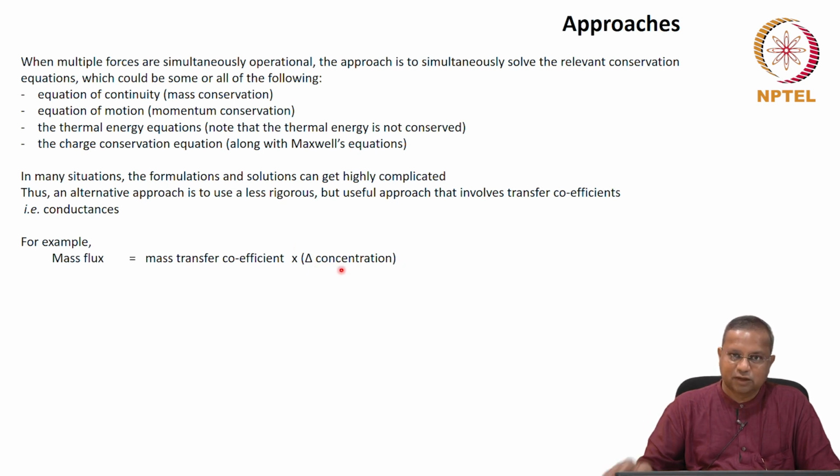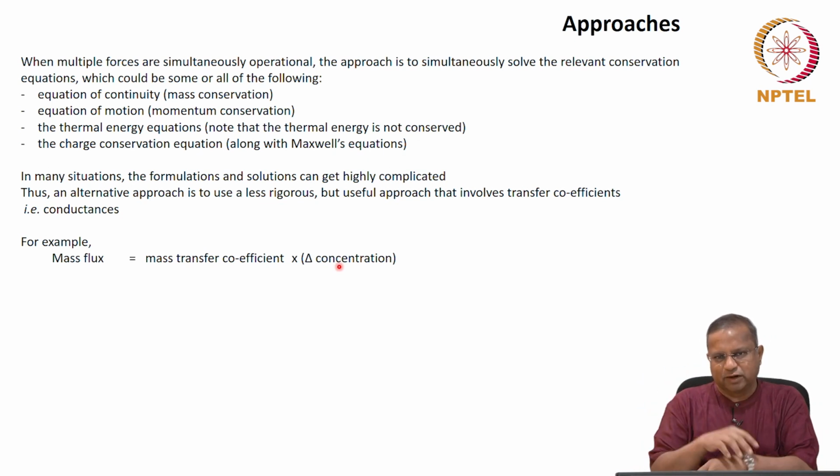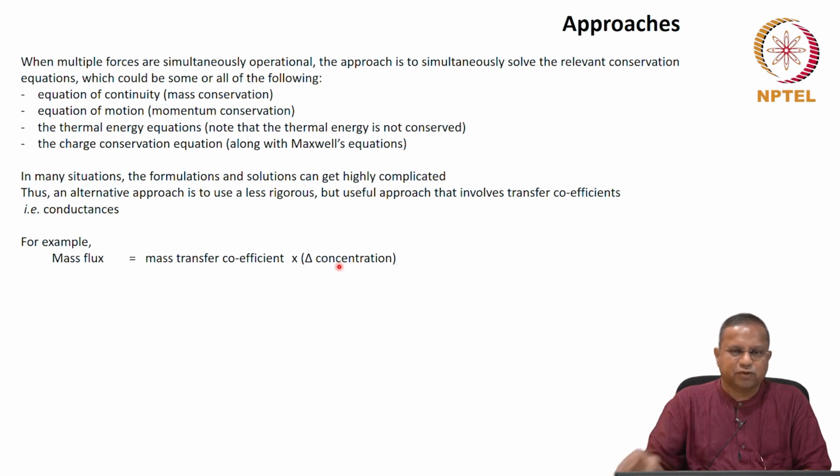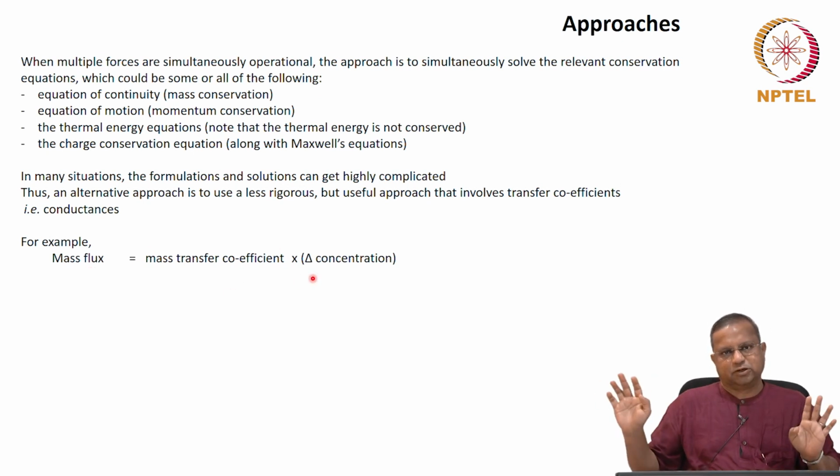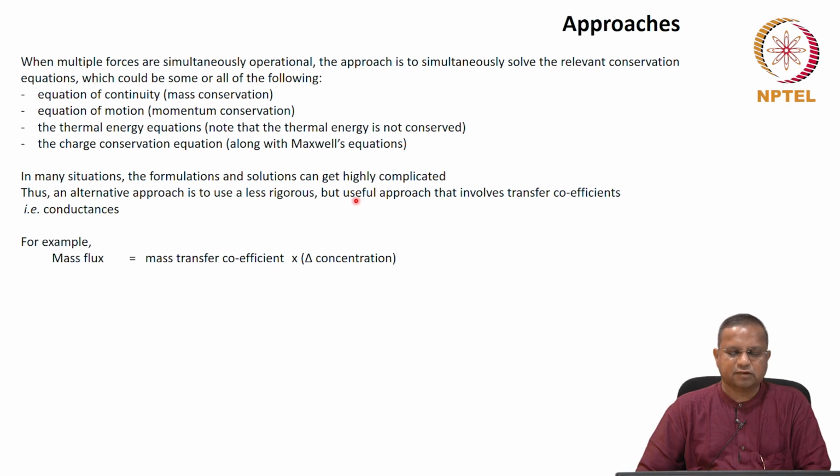This is no longer a gradient, this is just a change. Of course, the change occurs over a distance, so that gradient aspect is inherent, but we are not going to take that into account in our formulation. We are just going to say that the mass flux equals a certain mass transfer coefficient times the difference in concentration. That's it. So this is the less rigorous approach.